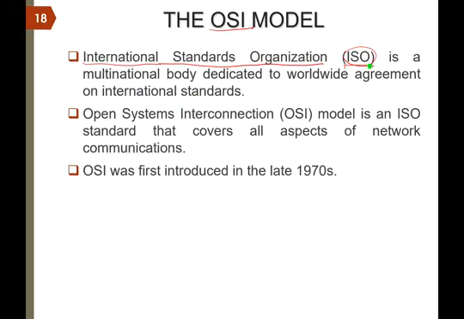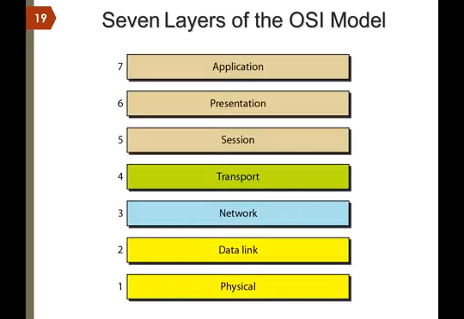ISO is a well-known organization. So ISO released this model, a standard that covers all aspects of network communication. It was first introduced in the 1970s, and it has 7 layers.